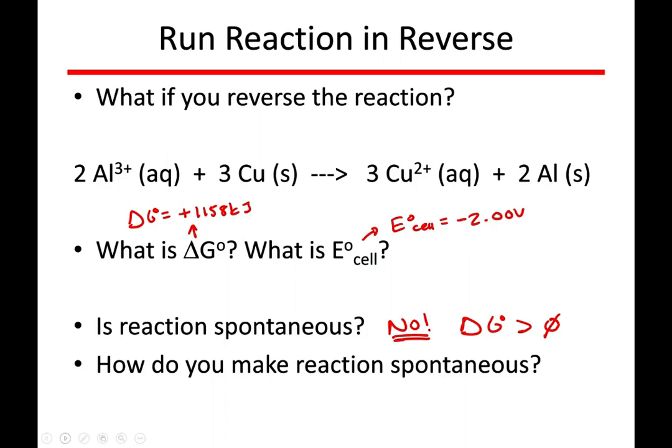I'll remind you that a non-spontaneous process requires a continuous external intervention to make that happen. So what would be the continuous external intervention that you could place on this system to force the reaction to occur? Think about what you have to do when you want to recharge your batteries. You have to go ahead and plug them into the wall and supply some external electrical current in order to drive the reaction in the reverse direction.